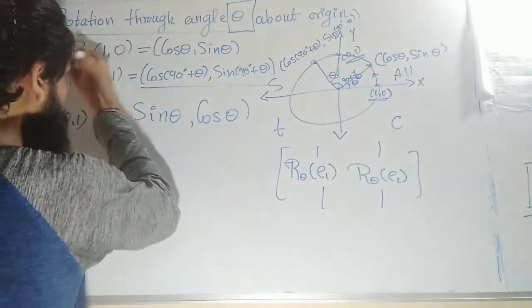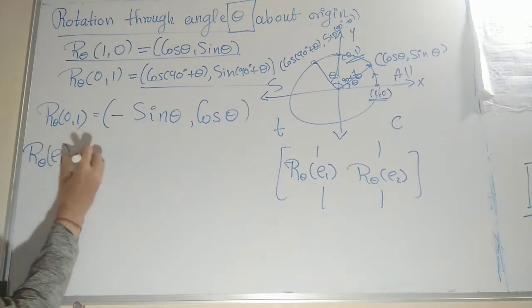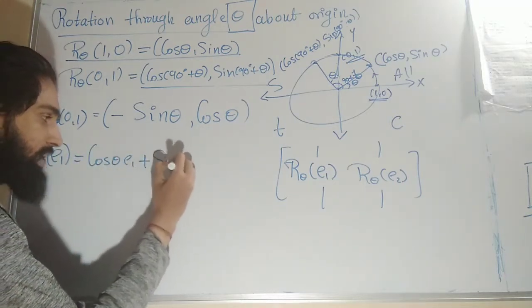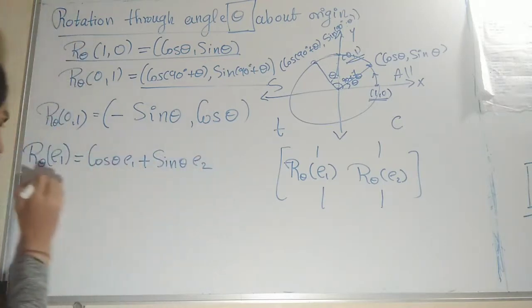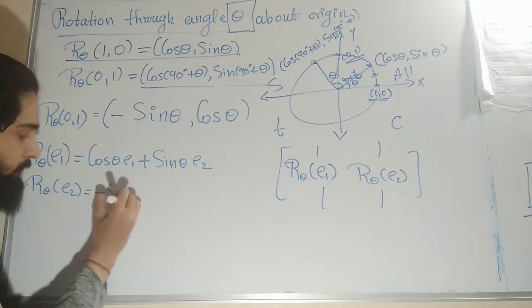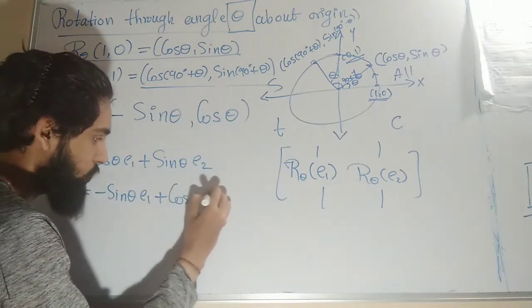So what I am trying to say is this: my R theta of e1 is the same as cos theta e1 plus sin theta e2, and my R theta of e2 is the same as minus sin theta e1 plus cos theta e2. Right?